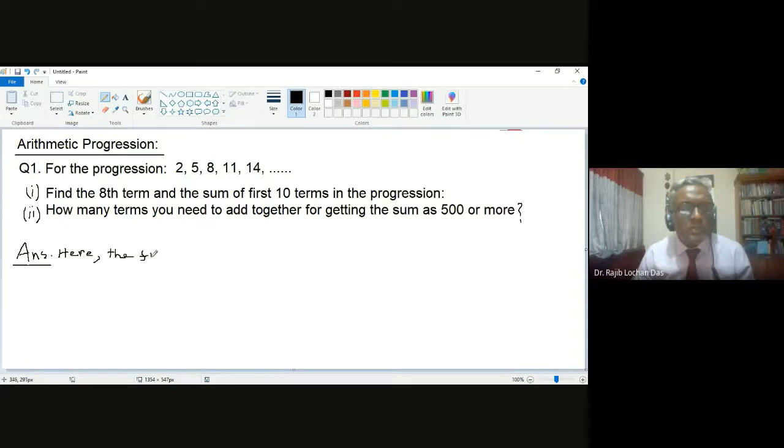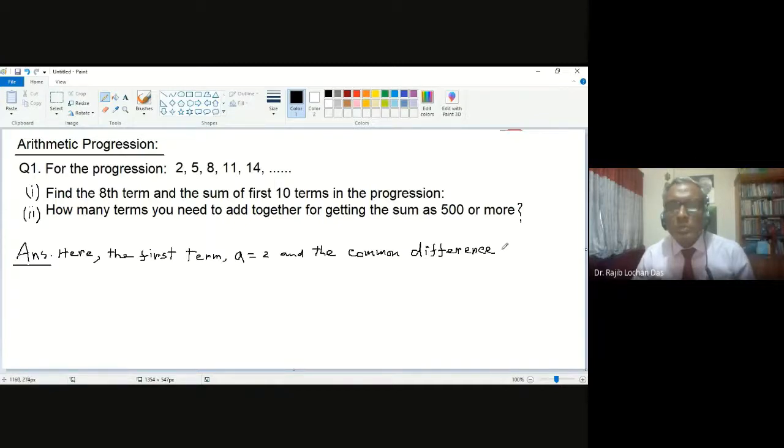The first term is called A. It is actually 2, and the common difference is normally called D. So you will try to understand these two things very quickly, otherwise you cannot do any calculation. Common difference D equal to 3.